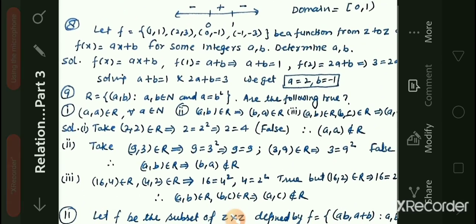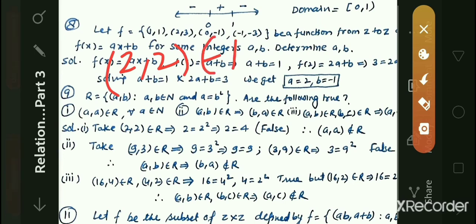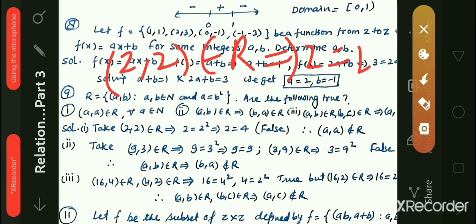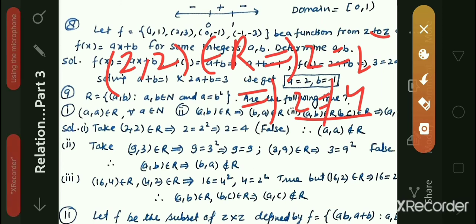Now question number 9. R is equal to {(a, b) such that a, b belongs to natural numbers and a is equal to b square}. Are the following true? (a, a) belongs to R for all a belonging to N. This will not be true, because if you take (2, 2), this will imply, as per the condition, 2 is equal to 2 square, which can never be true, because 2 cannot be equal to 4.